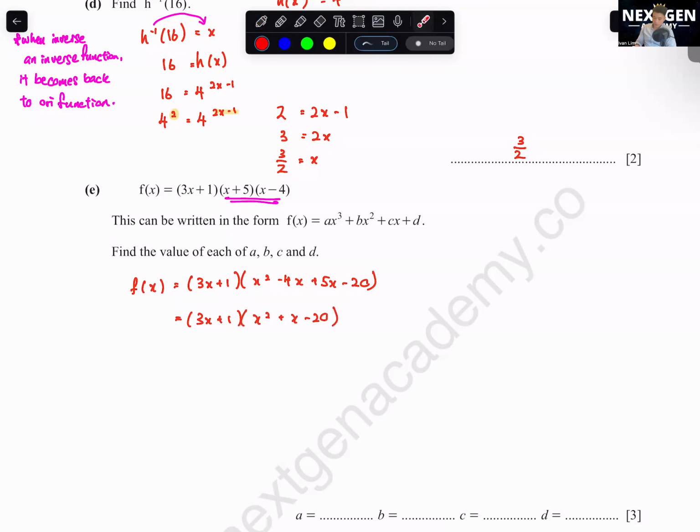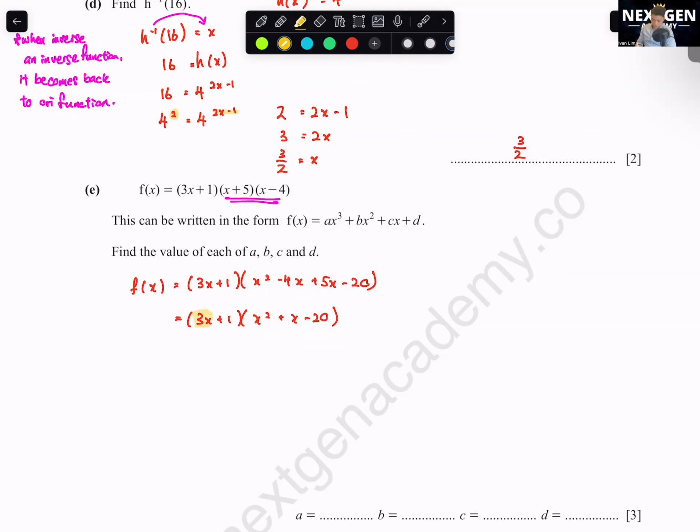So we write it in this form already, where you have 2 terms and 3 terms. Instead of going straight to cross multiplying, because sometimes it may be very messy, I will split it like this first.